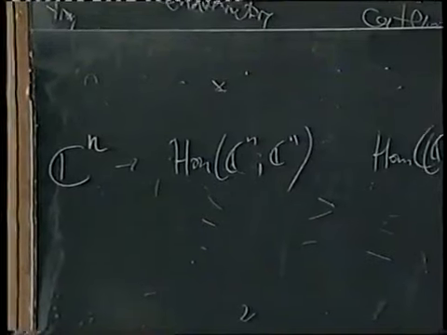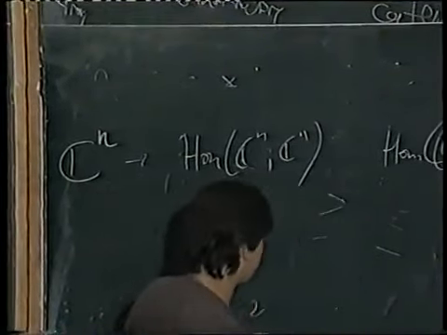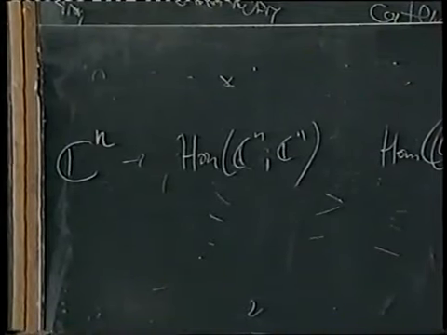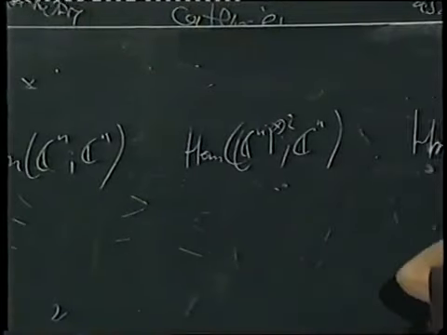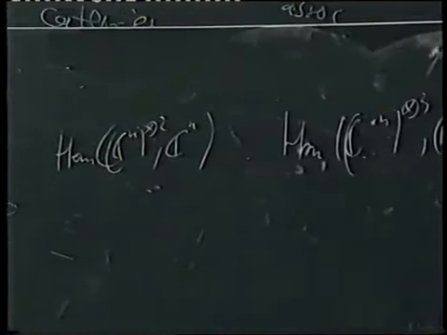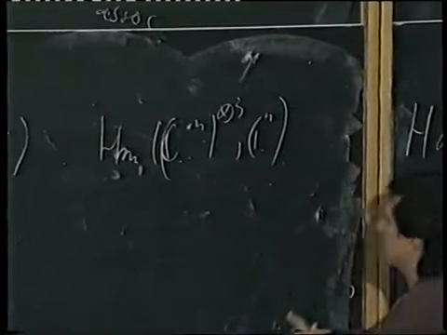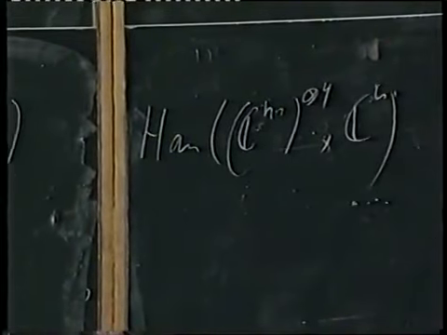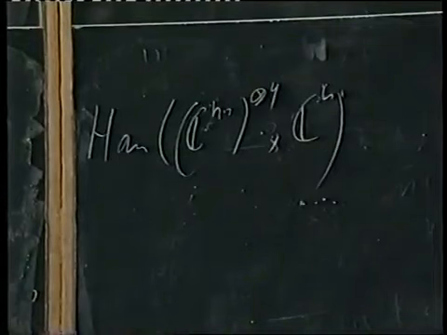Suppose I have a differential graded Lie algebra, and this is sick. Our map here is called the Hochschild differential.